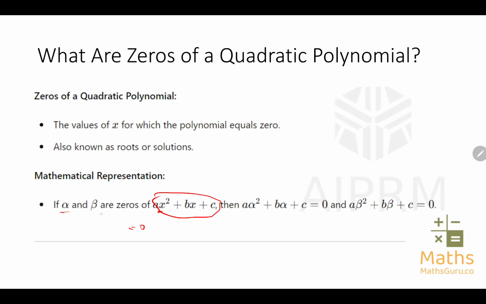For example, if alpha and beta are the zeros of the polynomial, then if I replace x with alpha, the whole equation will become 0. If I replace x with beta, the whole equation will become 0. They are also called the roots or the solutions of this polynomial.